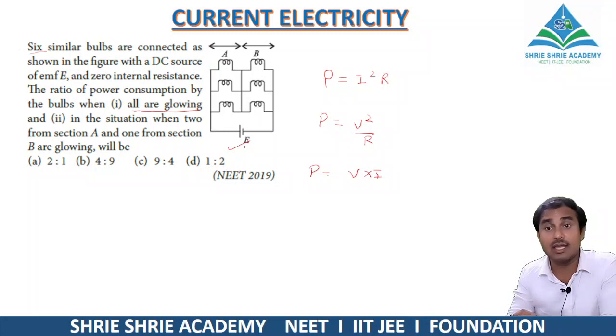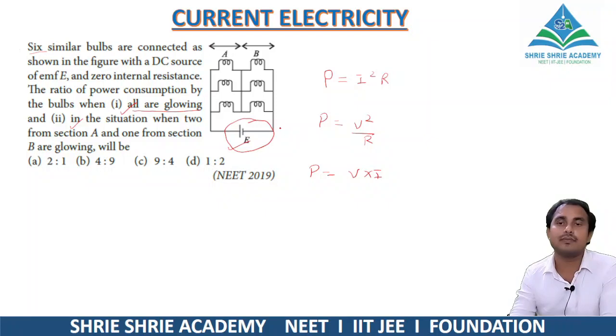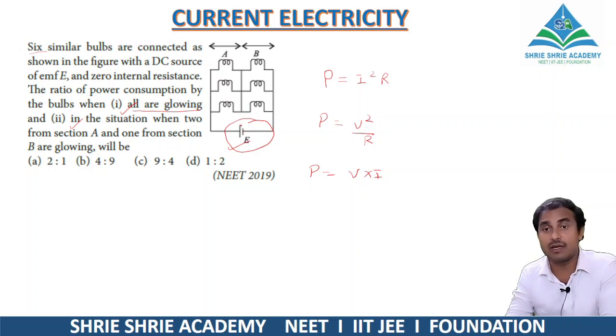Okay, so the thing is that in both situation number 1 and situation number 2, the supply voltage remains the same. That is important, because current will change with resistance, but voltage, irrespective of how many bulbs are glowing, remains the same. So we will go with the second form, P is equal to V square by R, because the voltage remains the same. So power will be inversely proportional to resistance.